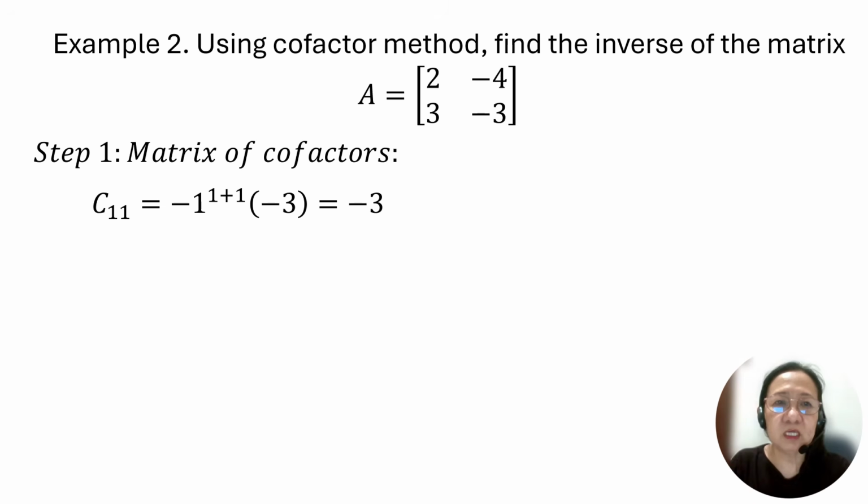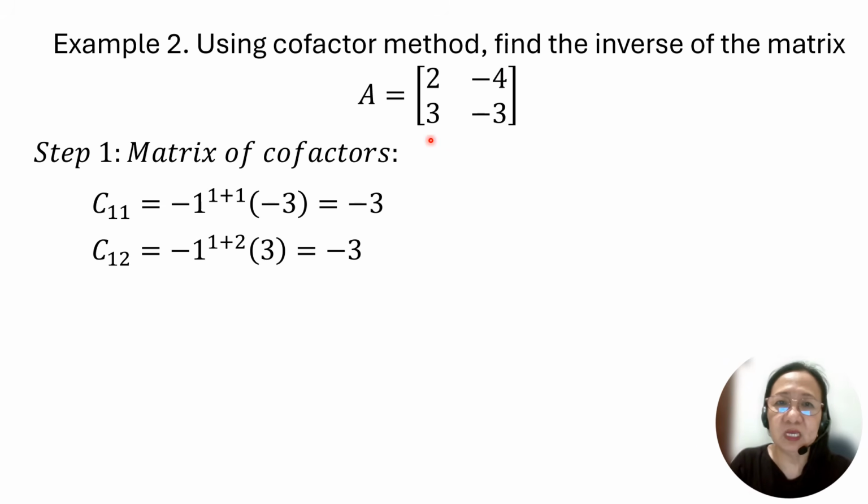Next is C sub 12. Okay. First row, second column. So the sign is negative 1 raised to 1 plus 2. So slash the row where negative 4 is located. Okay, we have to slash this part.